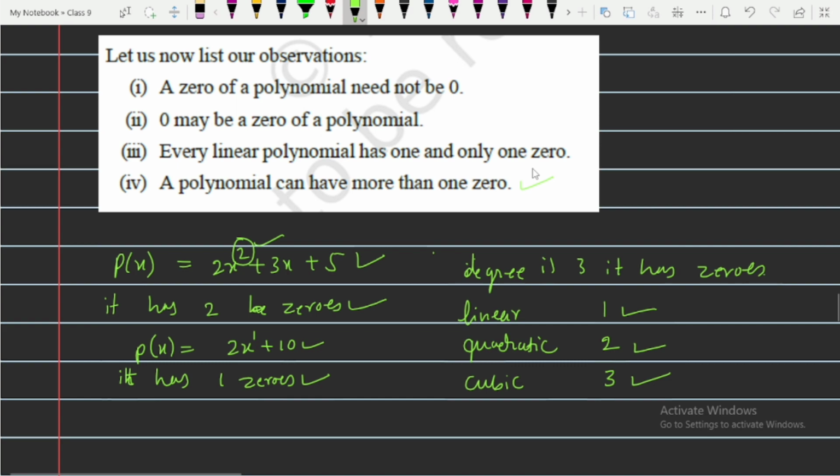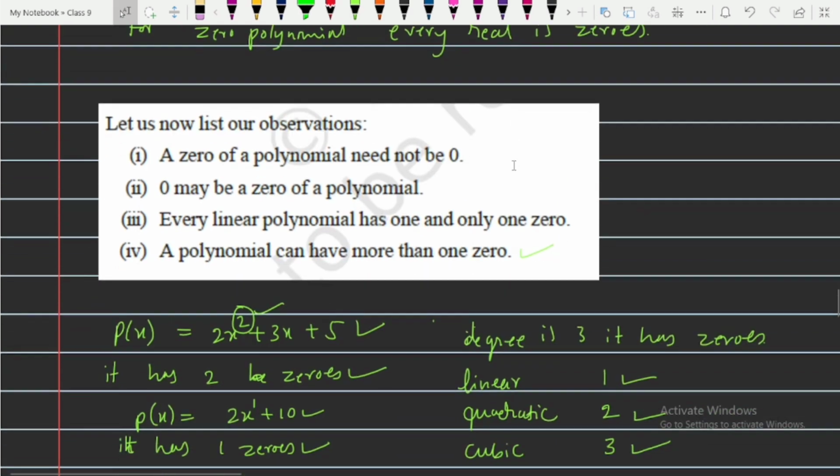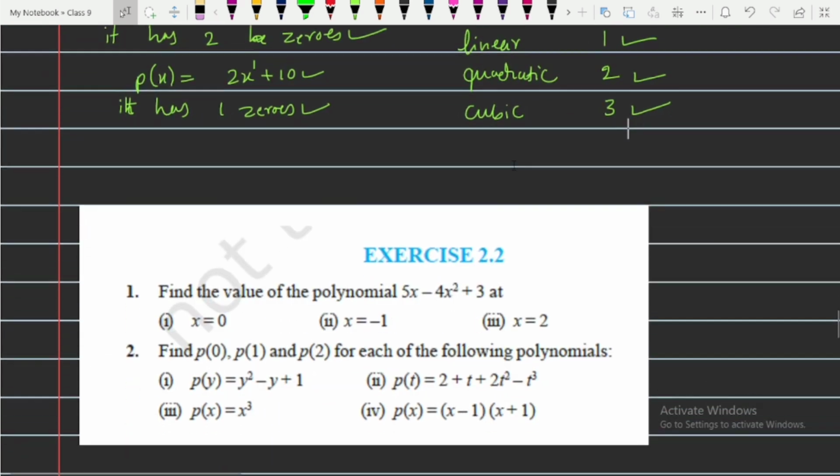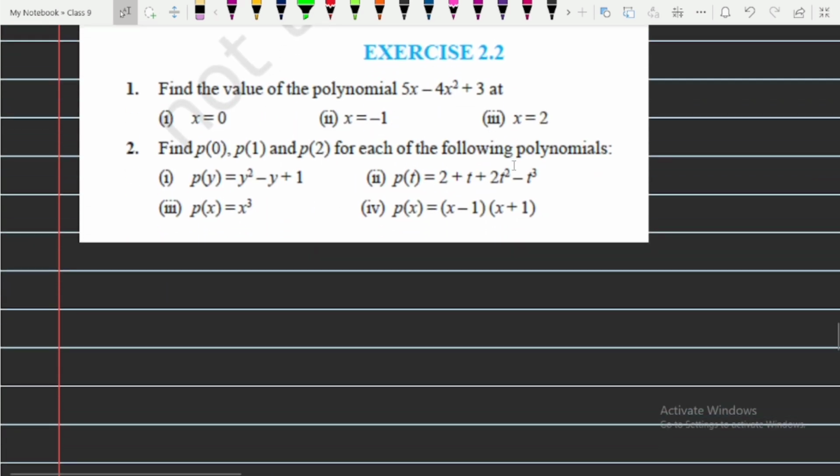In this way you can find the zeros of a polynomial. Based on this we are going to see the sums. That is exercise 2.2 question number 1, where they are asking you to find the value of the polynomial. From question number 1 we are going to solve only one question.